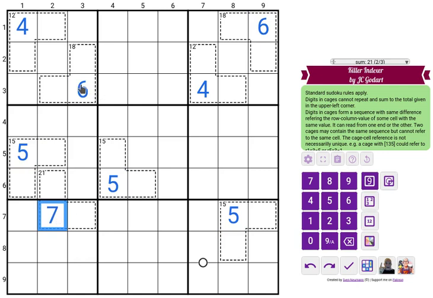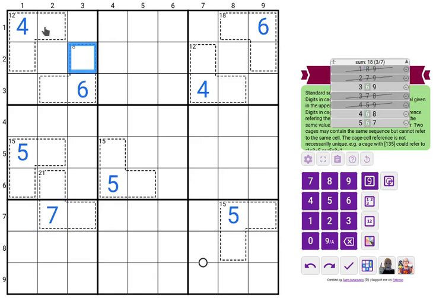Now here, this cage of 18, well, it can't have a 4. It could be 3, 9 or 5, 7. This cage here can contain 6.